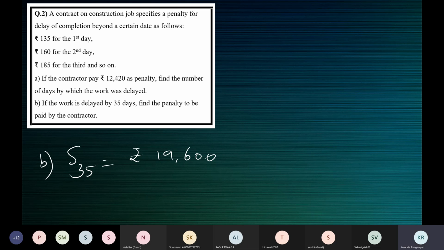Others, please complete it. Find S35. N by 2 of 2a plus n minus 1 into d. Done, children?